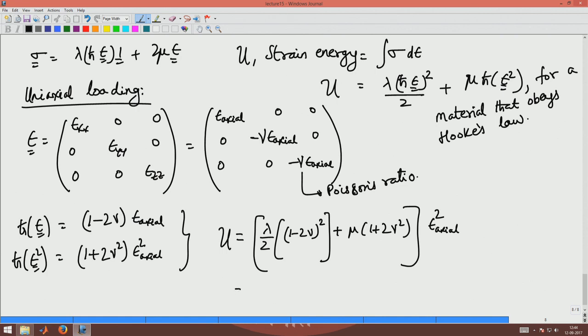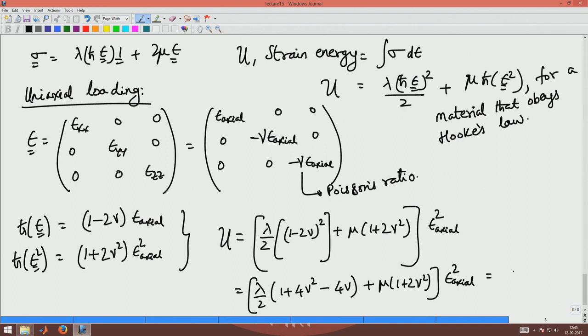Okay. So, this will be nothing but lambda by 2 into 1 plus 4 nu squared minus 4 nu plus mu times 1 plus 2 nu squared epsilon axial squared.